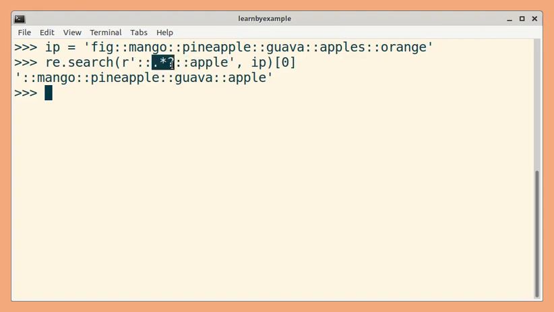So even though this is meant to match 0 or more characters as minimally as possible, you are getting the output from the first occurrence of double colon to the first occurrence of double colon and apple. Our desired output is only this part.